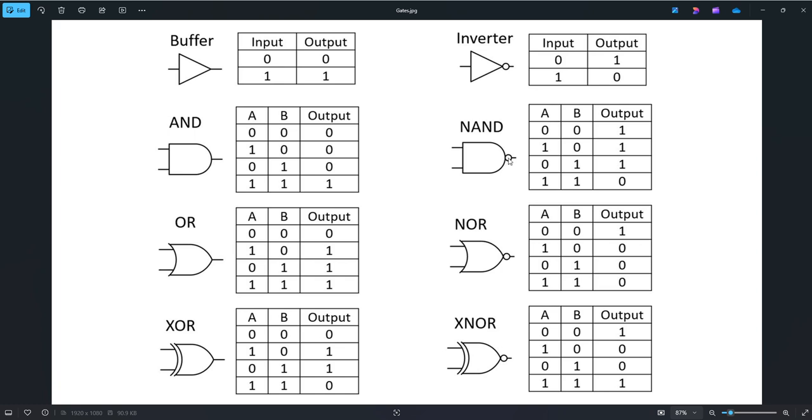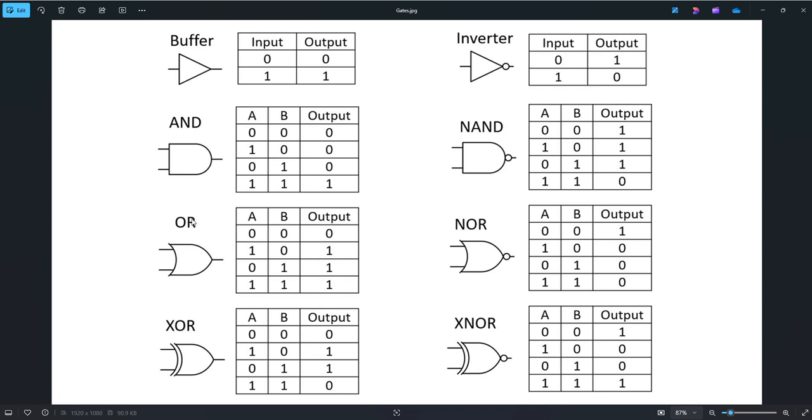So 0 times 0 is 0, but NOT 0 is 1. And then 0 times 1 or 1 times 0 is 0, NOT 0 is 1. And then 1 times 1 is 1, NOT 1 is a 0. That's why the truth table looks like that.